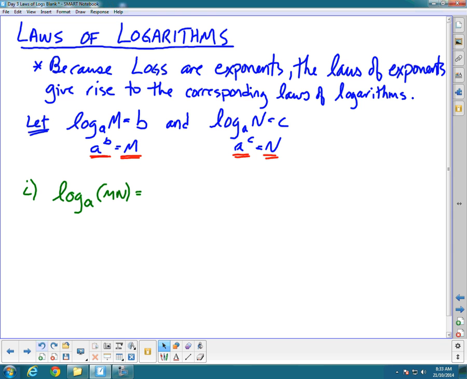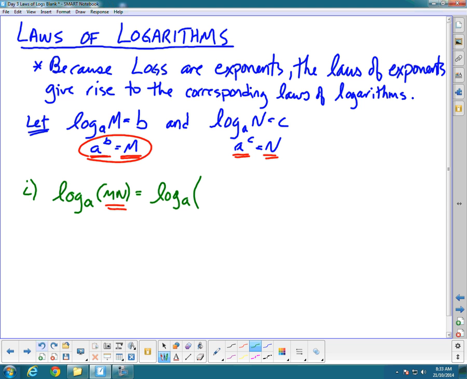So notice I'm now taking the logarithm of a product. The product is m times n. This m I'm going to replace with this fact. So this is log base a.